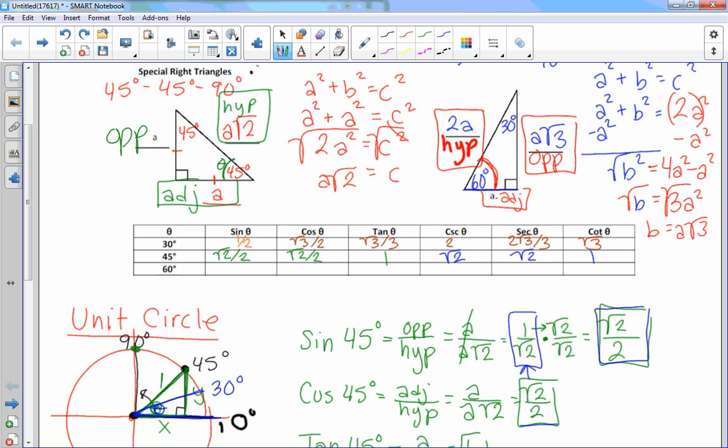When you get to about 6, turn to your neighbor and compare, see if you got the same. Make sure your reciprocal functions, which you flip, are the same.